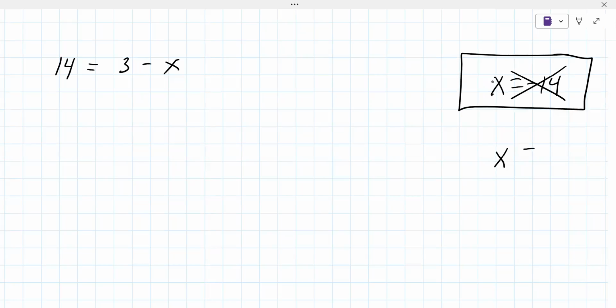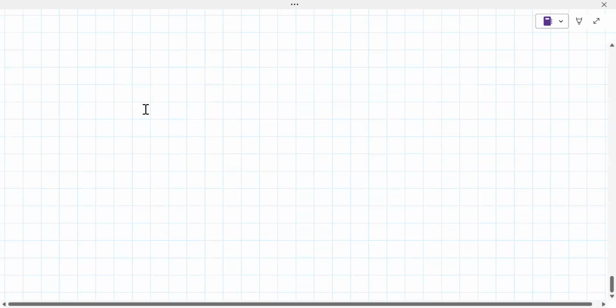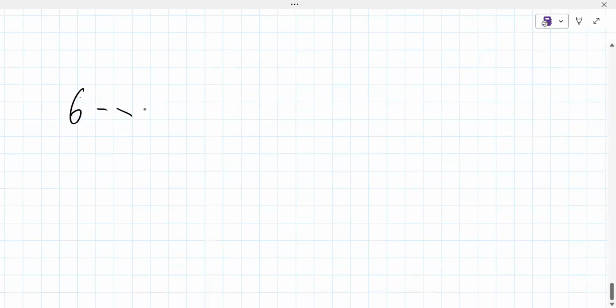So why did you tell me it was -14? It's because I was just looking at the previous problems on my page, and I forgot to look at my new one. Okay, let's try another one here. 6 minus x equals 11.